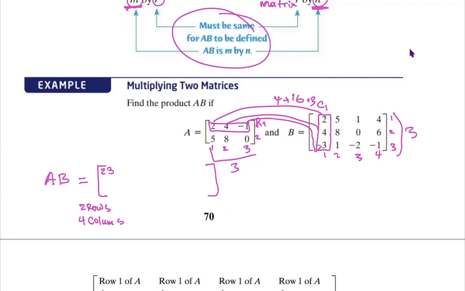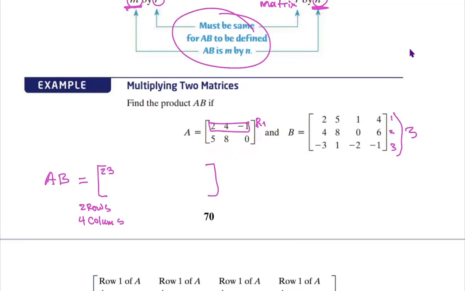Okay, and then we're gonna continue that, right? So we would do the same, but let me multiply all the first rows with all the columns. So basically, they will create my first row of my new matrix, right?